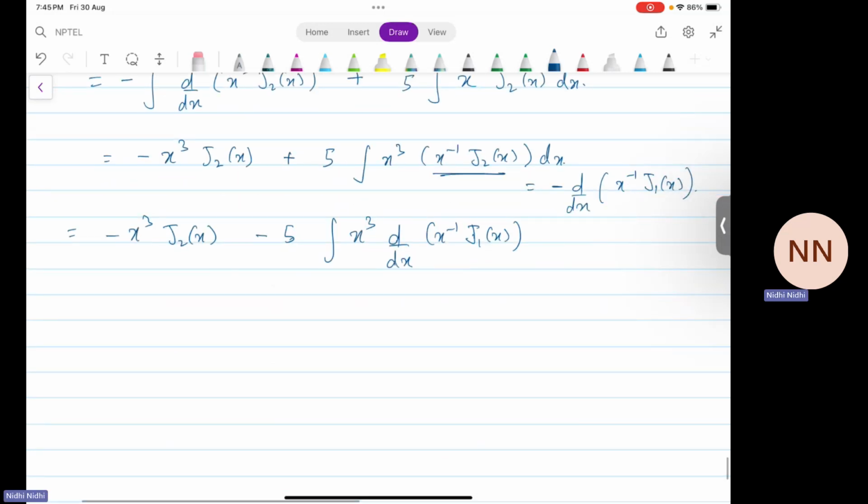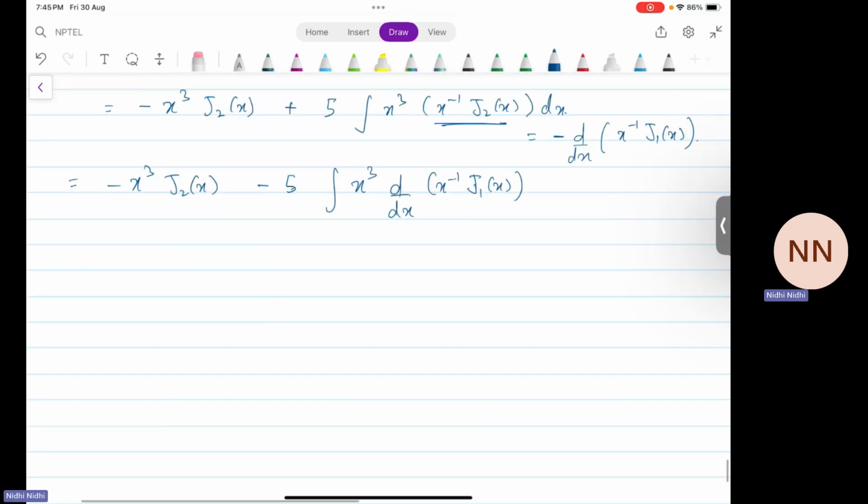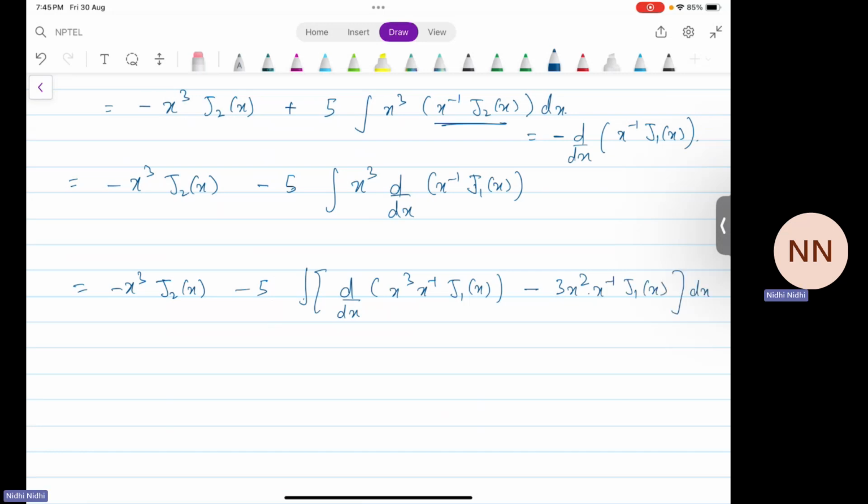Again by product rule, we'll get x cube J2x minus 5 integration d by dx of x cube x power minus 1 J1x minus derivative of x cube, 3x square, and rest of the term as it is dx.